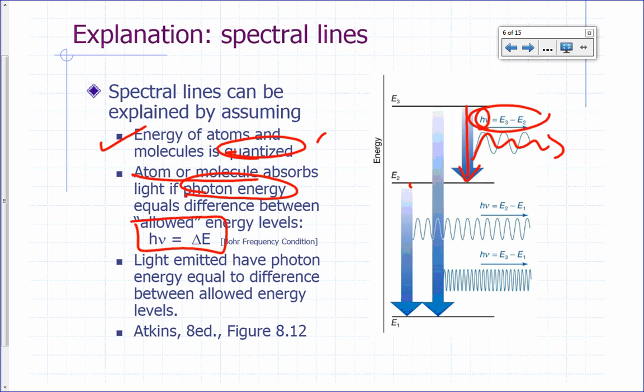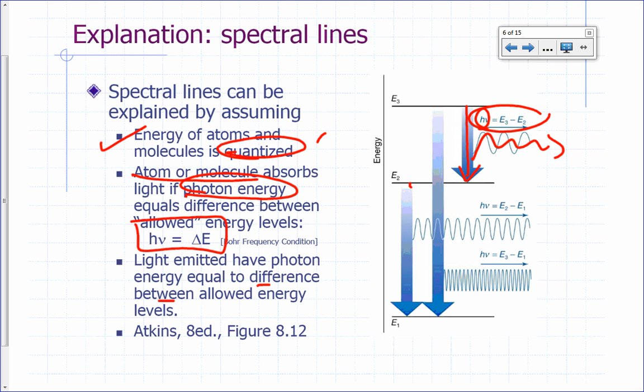Now, light that's emitted by a photon, like I said, must be equal to the difference between allowed energy levels. Light that's absorbed must correspond to the difference between allowed energy levels. Now, since not every energy level is allowed, you don't expect to see every kind of photon. You don't expect to see every possible wavelength. So you just see those characteristic spectral lines that depend on what the atom or the molecule is.